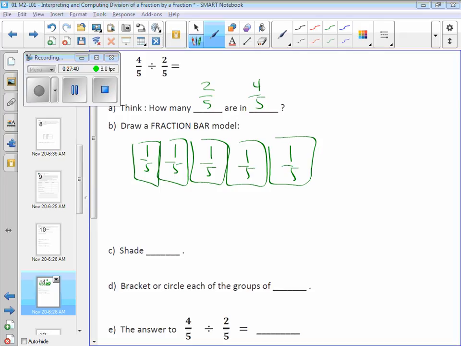Shade how many? Correct. Okay, if it helps you, look. This first number is always going to be your shade. All right, there's my 4.